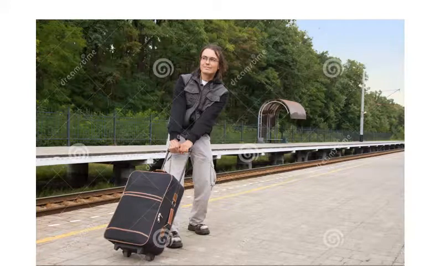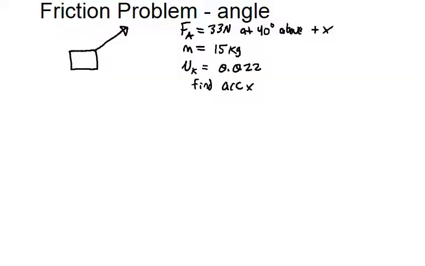Okay, so here's a picture of a bag that's being pulled at an angle, and we can evaluate that similar to what we did in the last problem. So let's say that we have this bag that's being pulled at 33 newtons and 40 degrees above the horizontal.